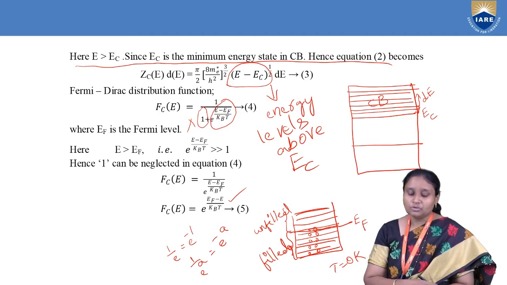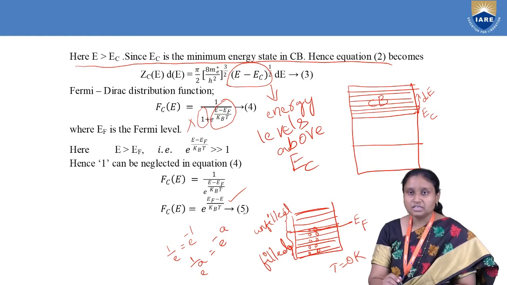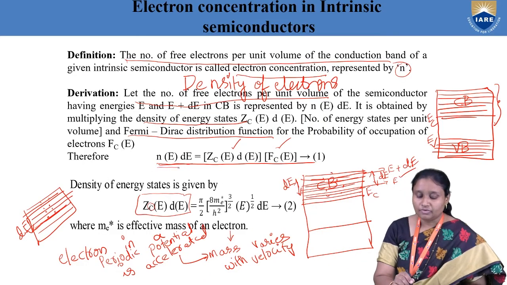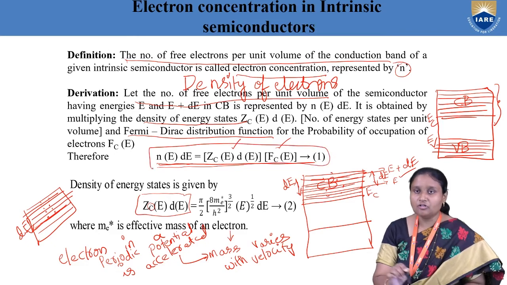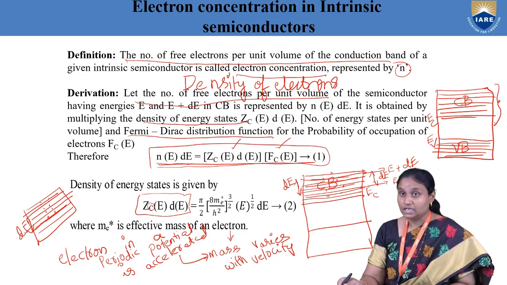Next, we are going to take the final expression for the density of energy states given by equation 3 and the Fermi-Dirac distribution function given by equation 5, and substitute them into our first equation, where we are trying to find the density of electrons in energy interval dE in the conduction band.